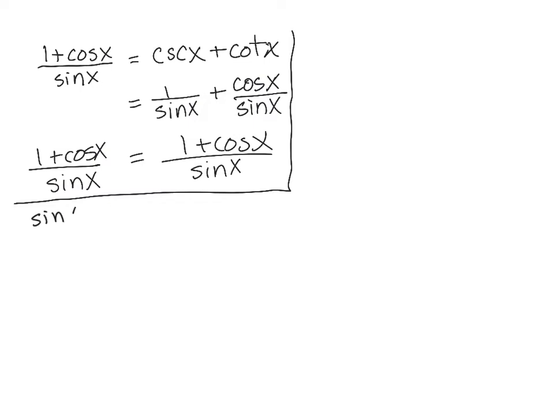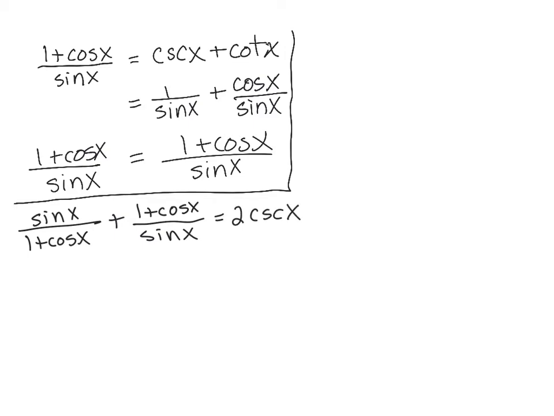Sine x over 1 plus cosine x plus 1 plus cosine x over sine x. Holy cow. Equals 2 cosecant x. Well, well, well. This can be changed to 1 over sine, but this side looks like it's more fun to mess with.